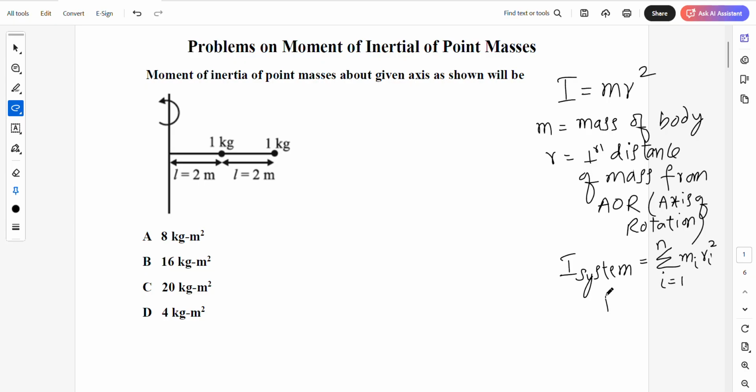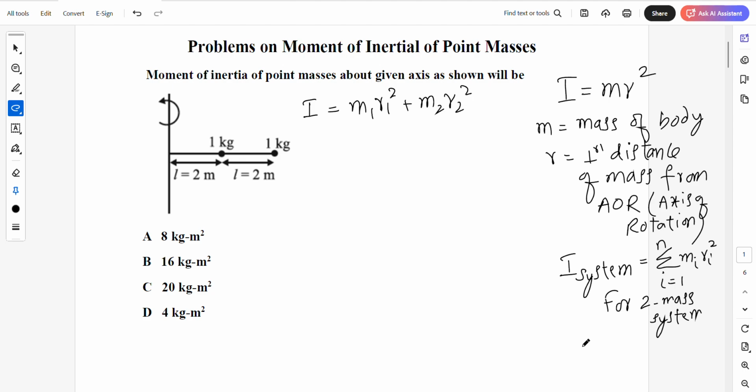Let us say for a two mass system, what can I write? I is given by M1 R1 square plus M2 R2 square.